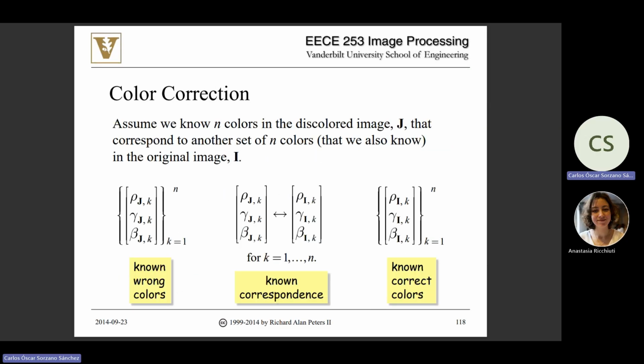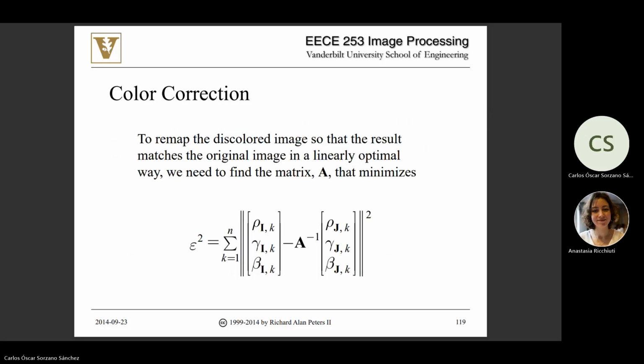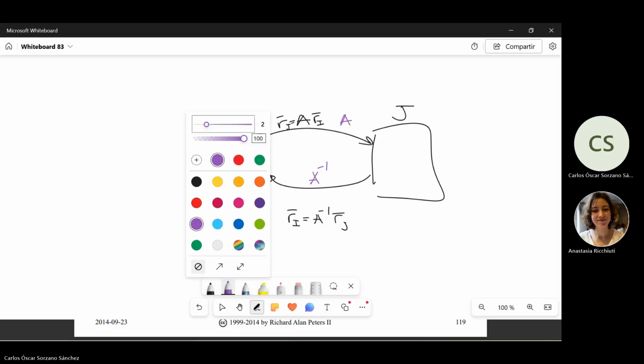Let's go back to here. So you have a lot of correspondences. So you say this color J should go to this color I. And you have N correspondences in total. So now let's think of this problem.